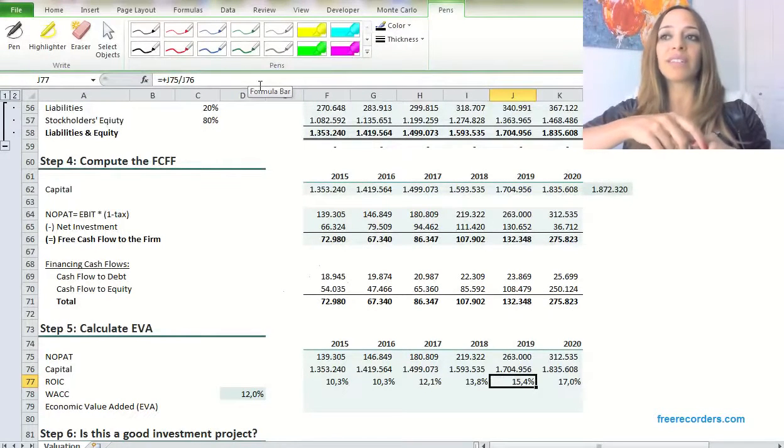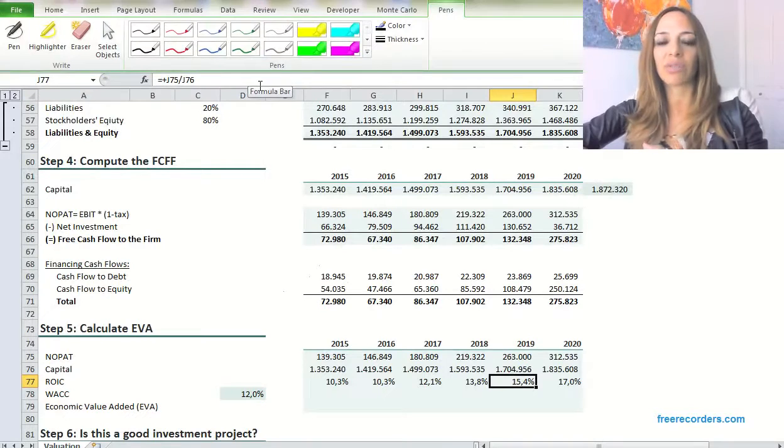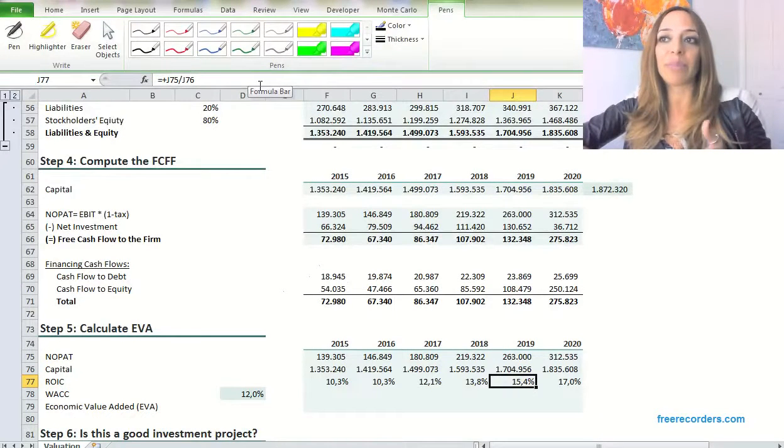Once we finish this, we can even use the DuPont formula to open the return on invested capital in the sources, in the value drivers of such return, to see where it's really coming from. Is it coming from the company being able to reduce costs or expenses and therefore increase margins?